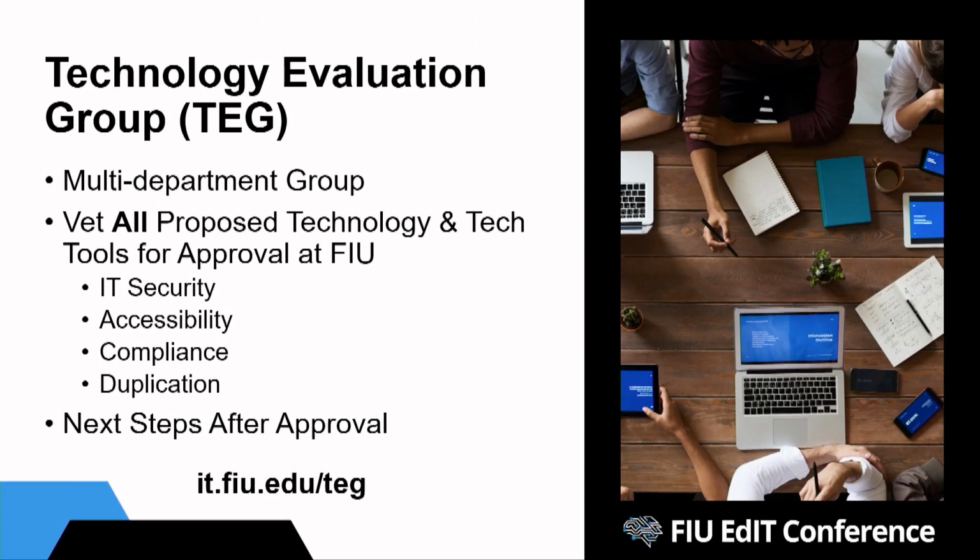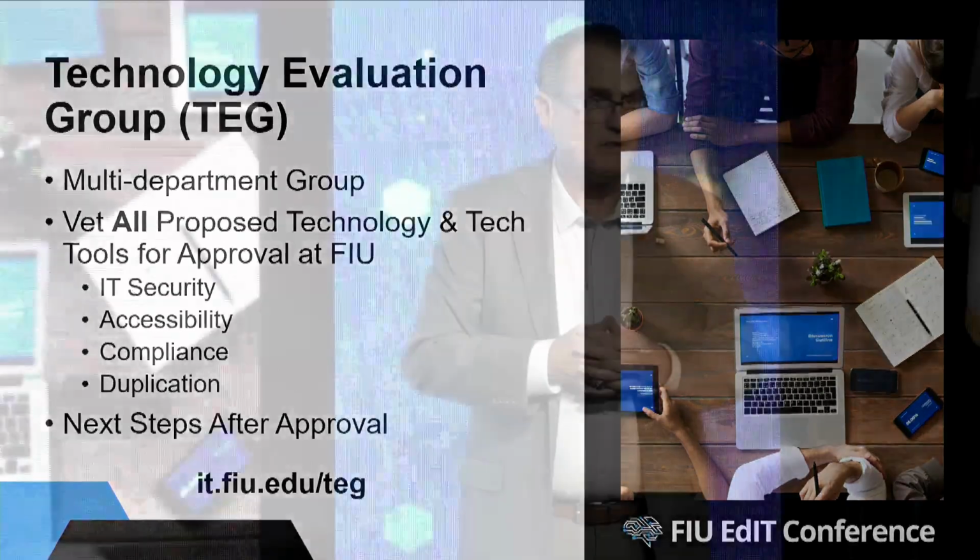IT security is really where we started this committee, and then we pretty quickly adopted digital accessibility. I want to talk for a minute about digital accessibility because it has become almost as big a deal as IT security. It's really critical. FIU does have a digital accessibility policy; if you just Google it, you can read it.